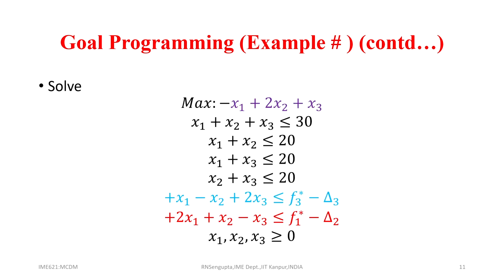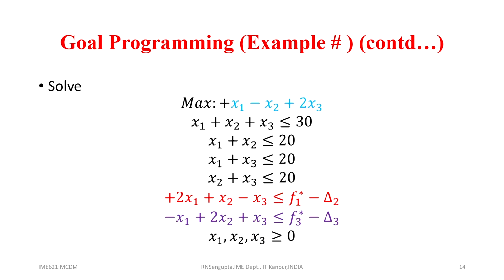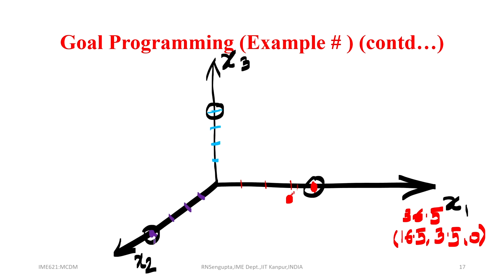Now, for objective function 2, which is f2, this is this value: 0, 16.5, 3.5. So, 0, 16.5 it is this, and 3.5. So, it will basically be here.